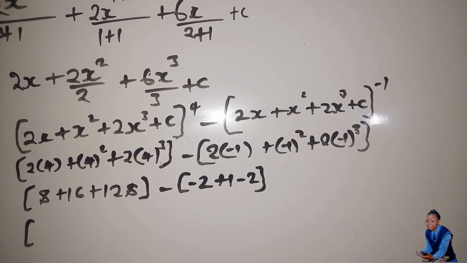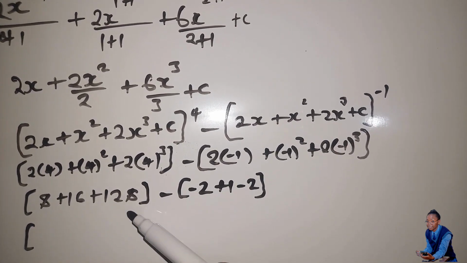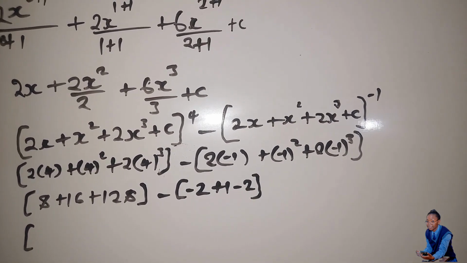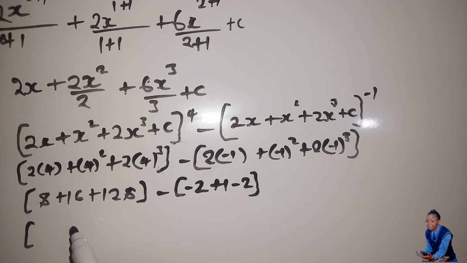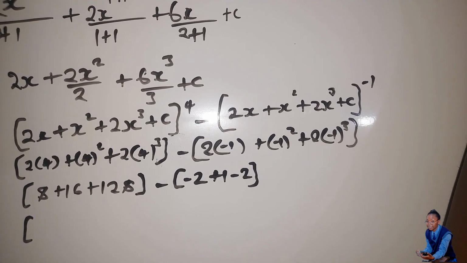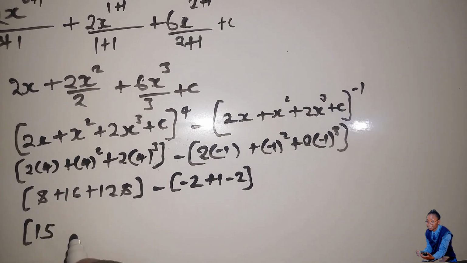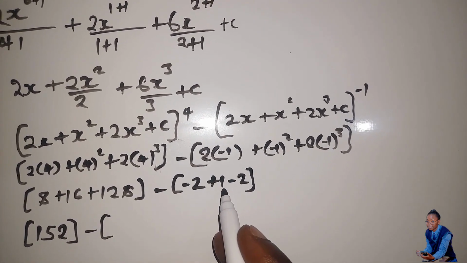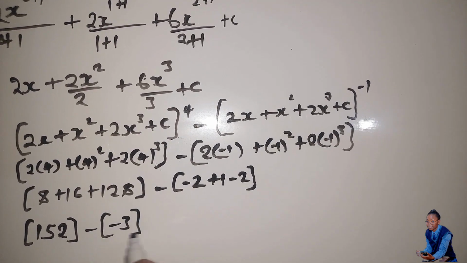So when you add 16 plus 8 plus 128, 8 plus 128 is 136, then 136 plus 16 is 152. Then 152 minus: negative 2 plus 1 is negative 1, and negative 1 minus 2 is negative 3.